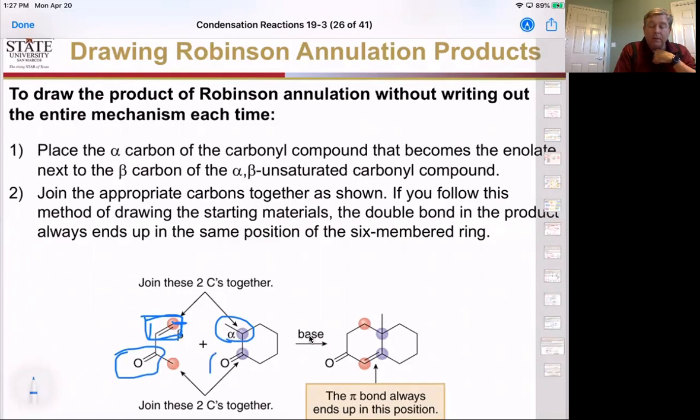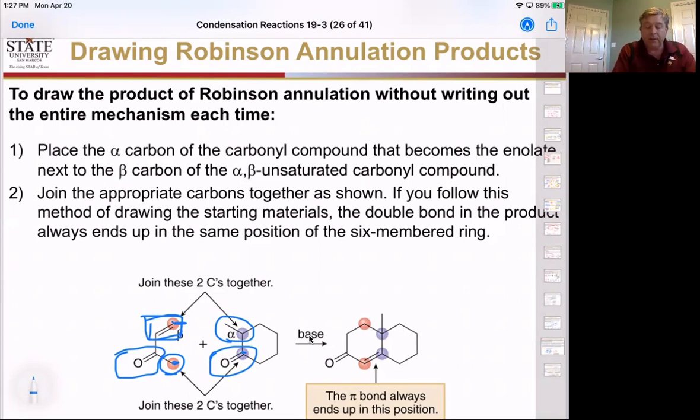Then you want to order it so that your ketone or aldehyde is directed to the carbon next to the unsaturated carbonyl, because this carbon is the one that's going to form the addition product, giving you the alcohol, and that alcohol from that carbonyl is going to leave, giving you the double bond.